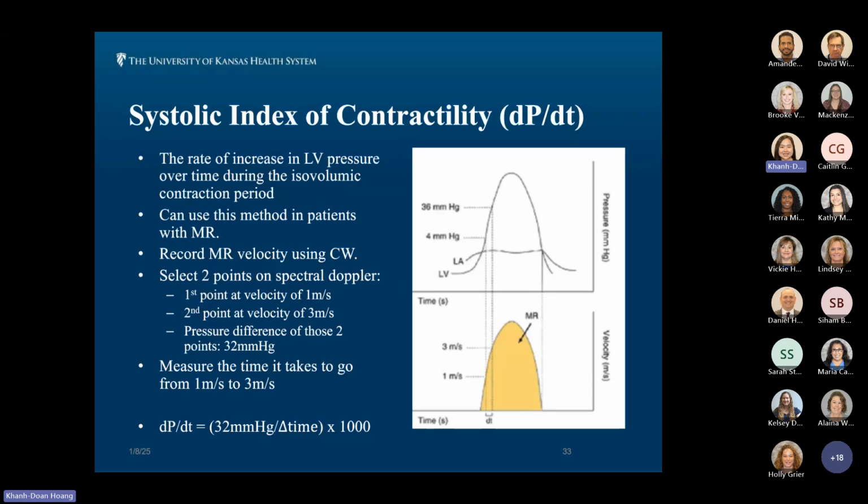And you record the mitral regurgitation velocity using CW, and you select 2 points. One point is at a velocity of 1 meter per second, and another point is at a velocity of 3 meters per second. And then your systolic index of contractility is calculated by taking the pressure difference between those 2 points, divided by the time it takes to go from that 1 meter per second to 3 meters per second. And then you multiply everything by 1,000.